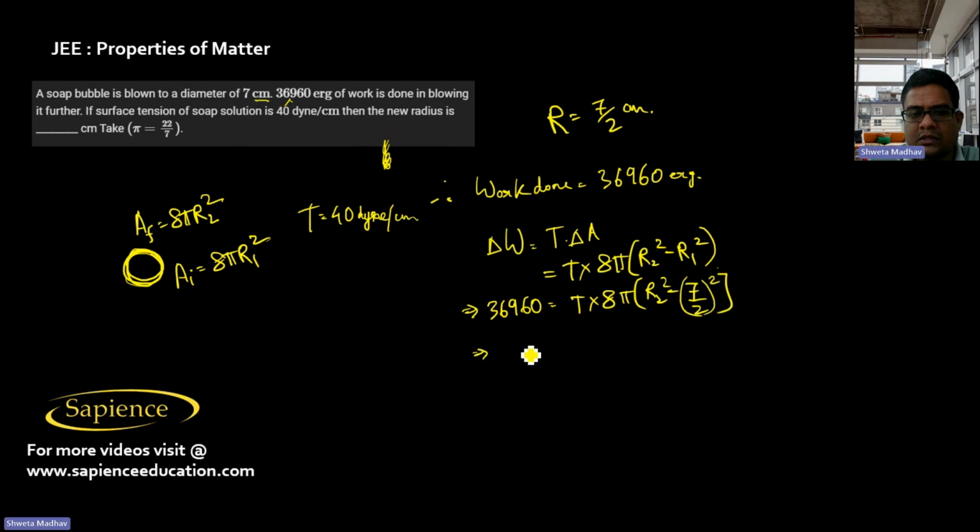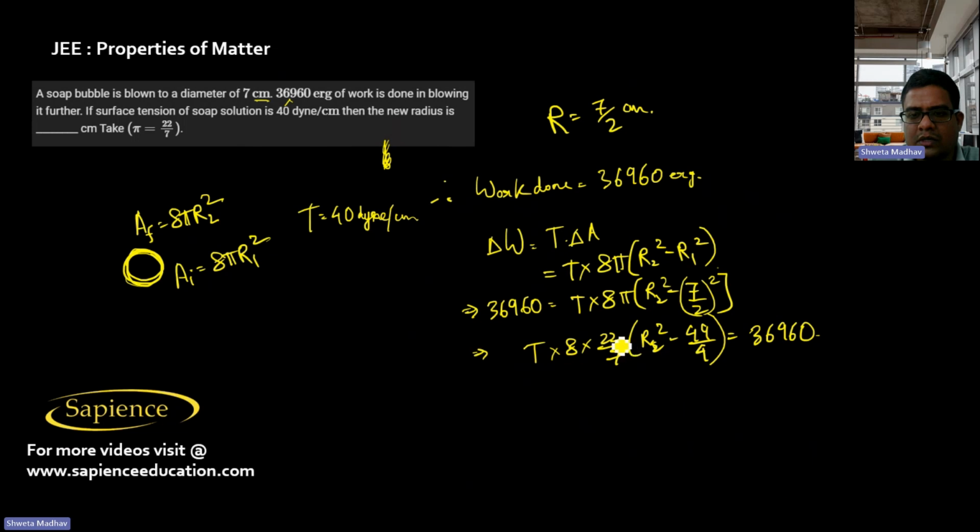So it means that pi is 22 by 7. So T into 8 into 22 by 7 into r2 square minus 49 by 4 is equal to 36960.